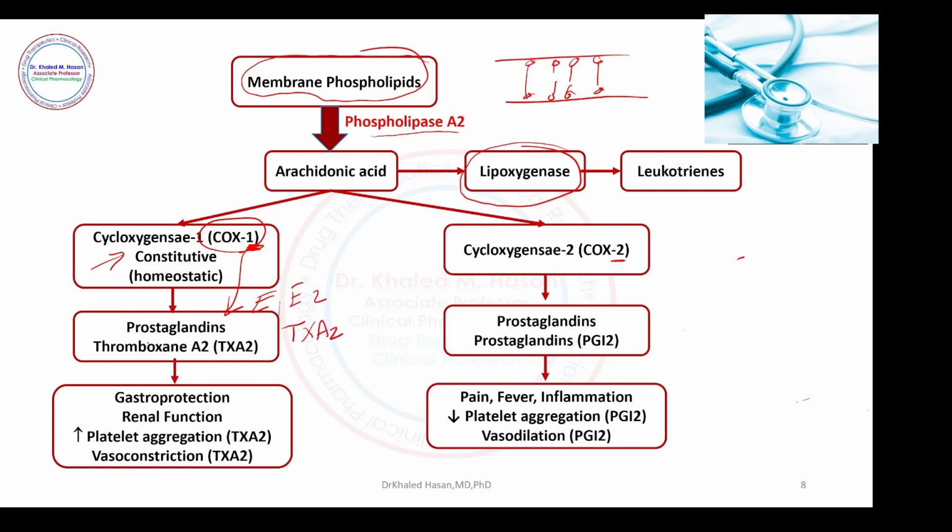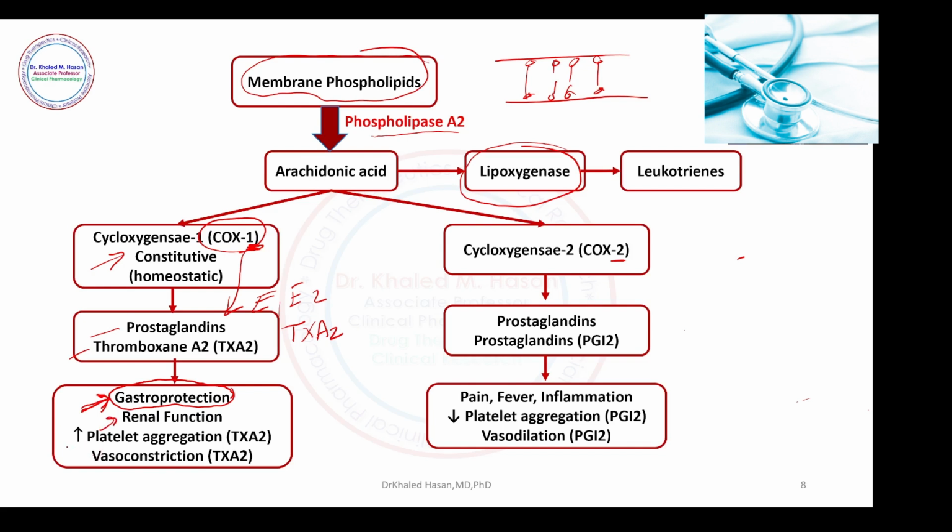Then, what organ will be affected by this type of prostaglandin? If we talk about the GI system, the stomach and intestine, prostaglandin has a gastroprotection effect. So prostaglandin protects the GI system. This is our topic here. We need prostaglandin to protect our stomach. Prostaglandin is also involved in renal function.